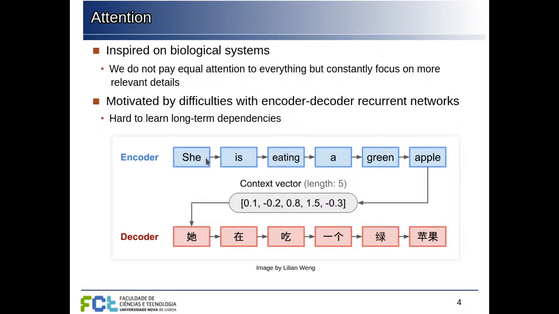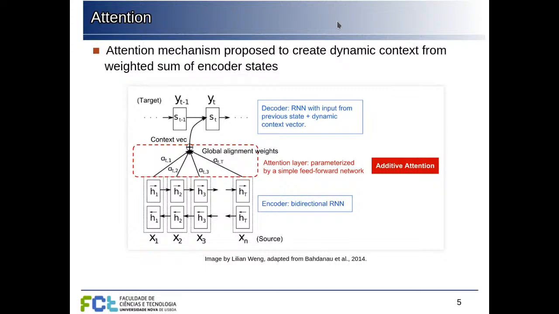And the problem is that even though this works, it has some difficulties learning long-term dependencies. So we saw last week several solutions like using skip connections and things like that, but one proposal for this was to use attention.